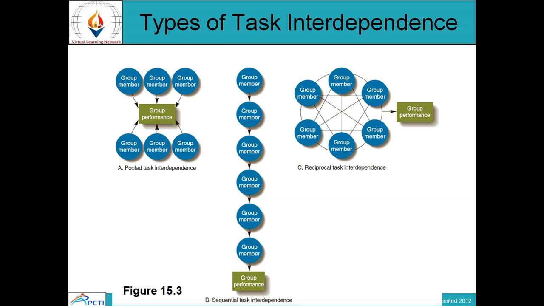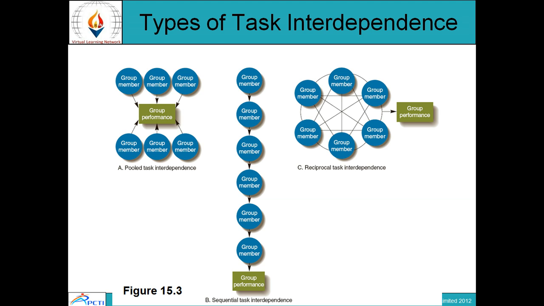achieved. In pooled task interdependence, each group member directly participates to provide their inputs for the final group performance. While in sequential task interdependence, each group member is in sequence of another person.